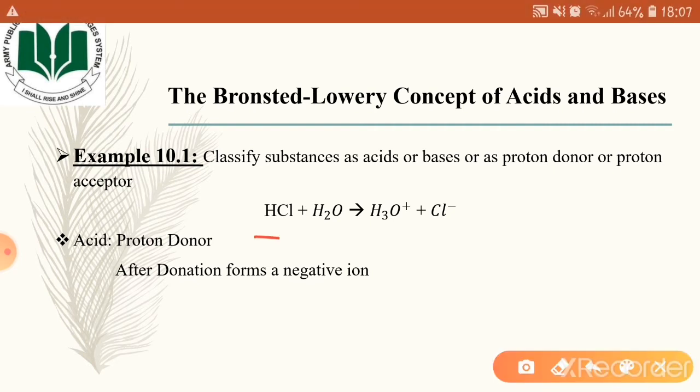HCl is donating a proton and has been converted into chloride ion. So these two conditions have been met: proton donation and the formation of a negative ion. This means that HCl is an acid here.